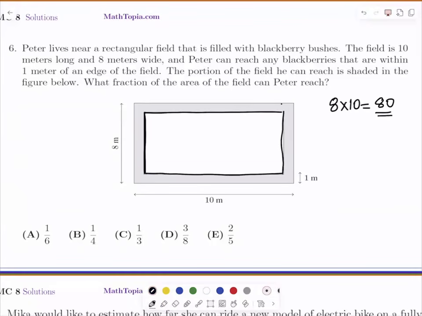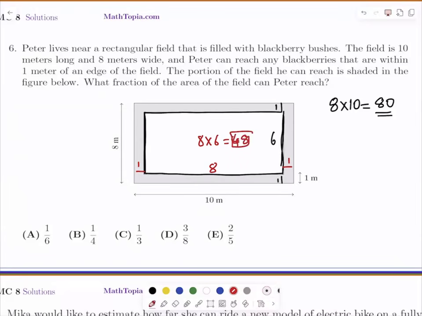So Yusuf, this one is 1, right? Yes. And then 1 up and 1 down, this is going to be 6, right? Yes. And what about 1 right and 1 left? Which is going to be 8. Then the inner dimension is going to be 8 times 6, which is equal to 48.